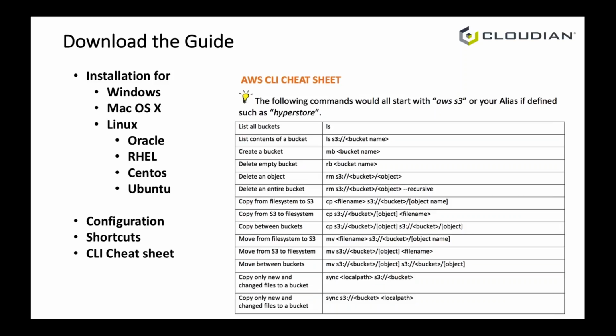I outline Oracle Linux, RHEL, CentOS, Ubuntu, but of course it'll work with Debian. You could probably even, whatever your favorite flavor is, Mint, it doesn't matter. It's got configuration guides. It's got shortcuts for aliasing commands. And then of course it's got what you're seeing right here, the CLI cheat sheet, so that for basic commands you can just reference this and be on your way.